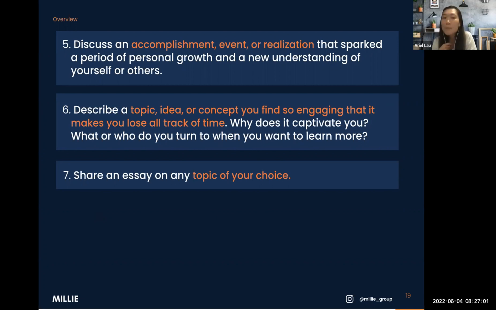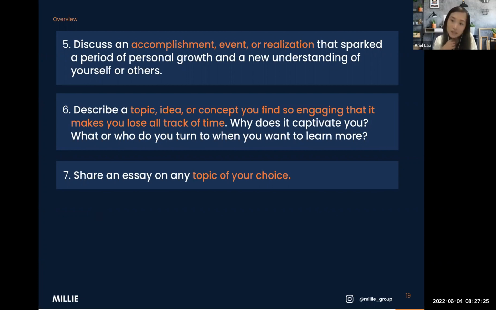And then number 6, I would think that this is the closest one to an academic topic that you can choose. If some students really want to focus on an area that they're really passionate about, it doesn't even need to be extremely academic content, because it just sets a topic, idea or concept.